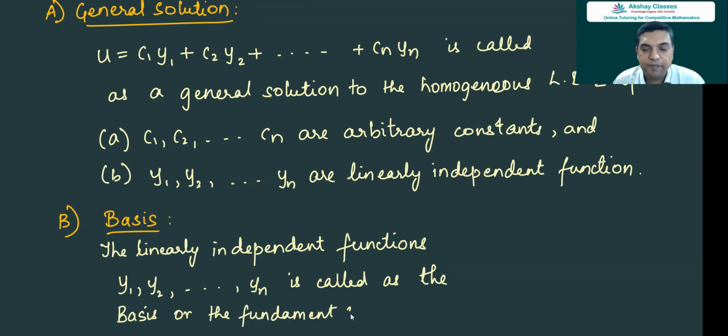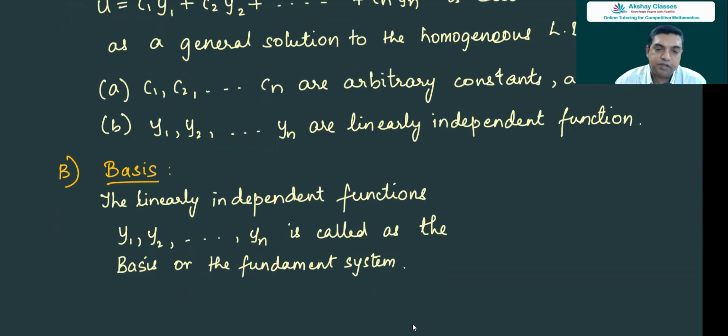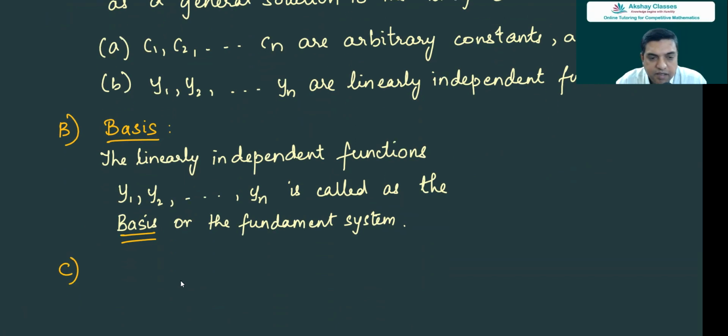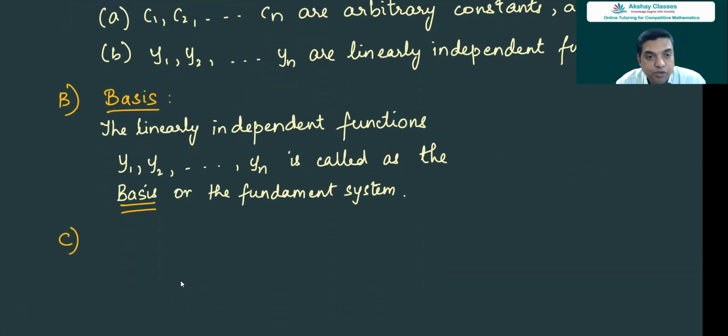Basis is a better term. So of the set of linearly independent functions, you will have n linearly independent functions at the max, and those n are called the basis.